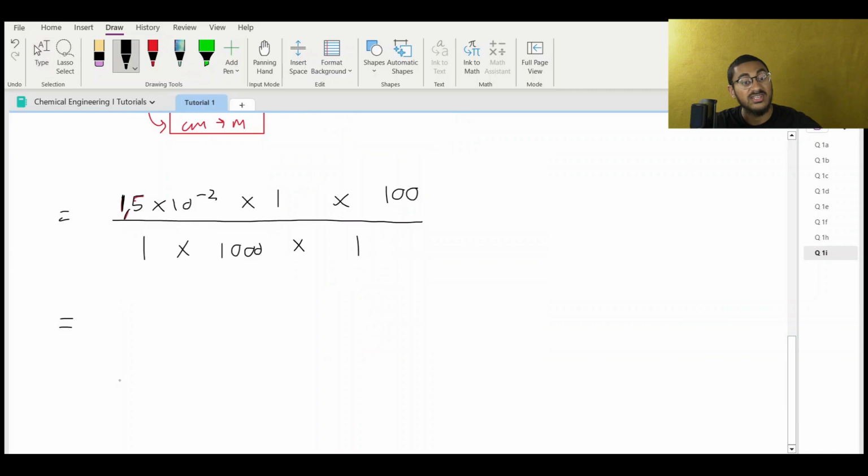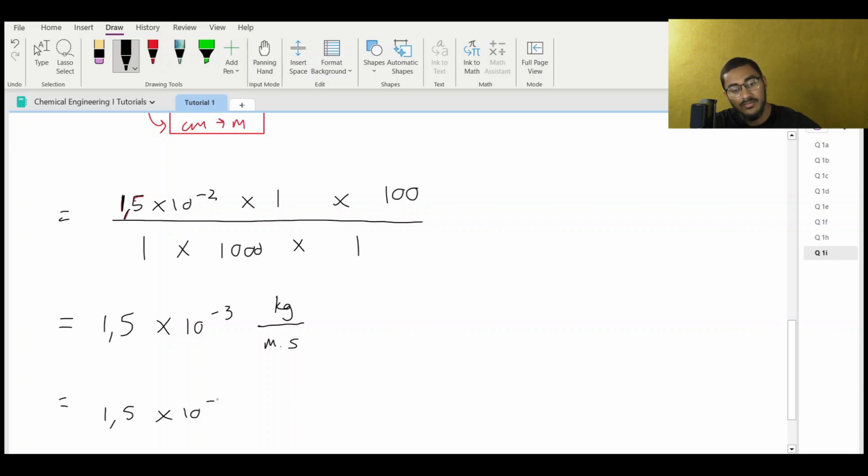That is the word, for teaching purposes. And I end up with 1.5 times 10 to the minus 3. And my units were kilograms per meter per second. And if you go to your data sheet for the metric system, 1.5 times 10 to the minus 3 kilogram per meter per second is exactly the same thing as a Pascal second. And that is your final answer.